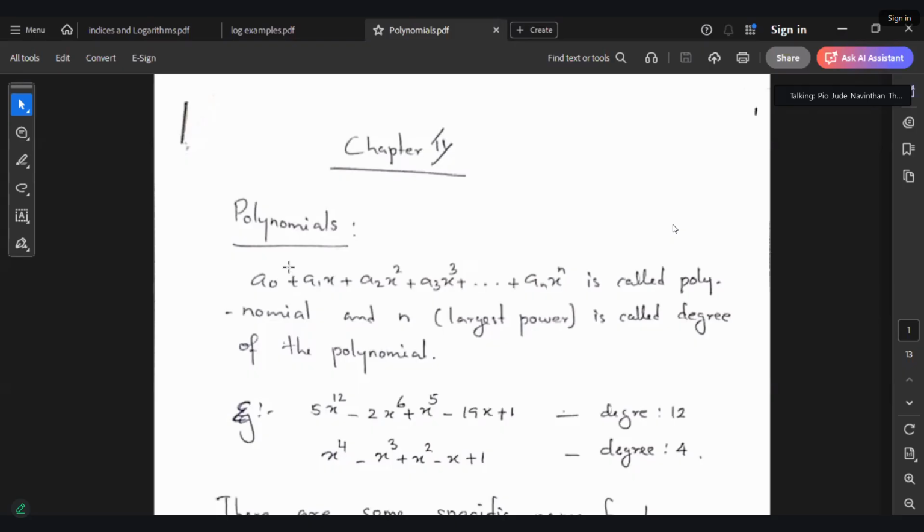And I told you that here x is there, x to the power 0. Actually, a0 into x to the power 0. x to the power 0 is equal to 1. We already studied that, right? Zero power of any number is equal to 1.